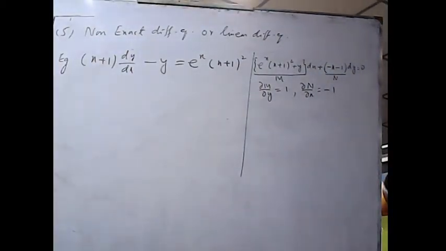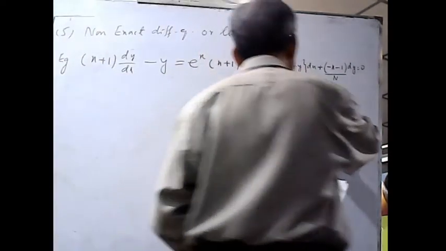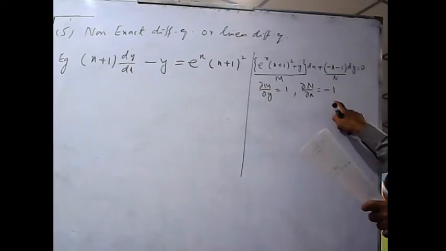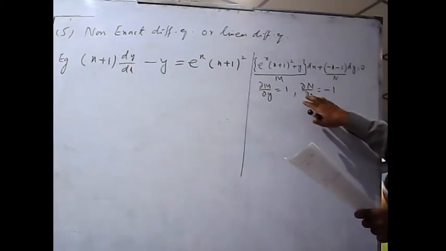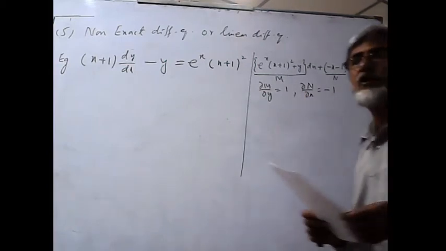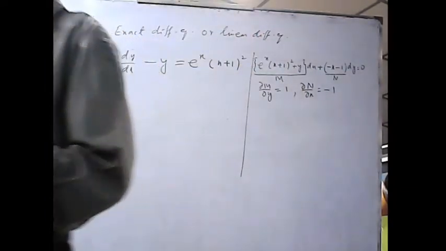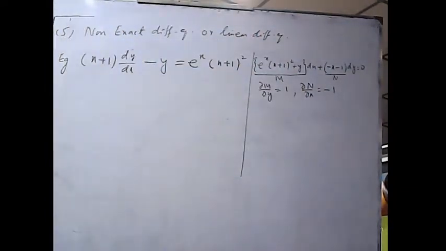The equation is not separable variable, is not homogeneous, is not non-homogeneous in our standard form, and the equation is not exact because 1 is not equal to minus 1. So this is our situation to follow the linear form number 5.